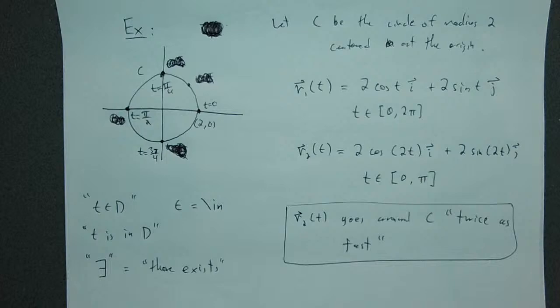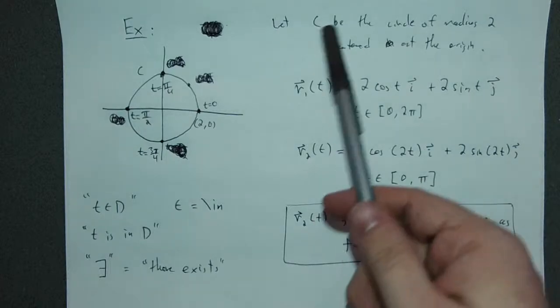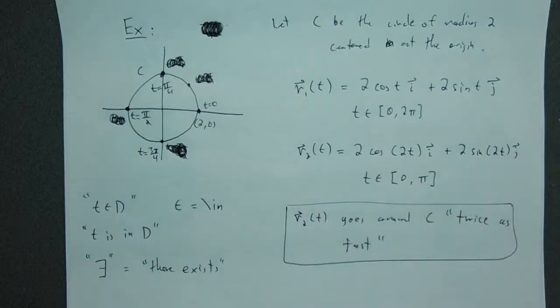And so what this means is that we tend to replace the curve C with its parameterization.